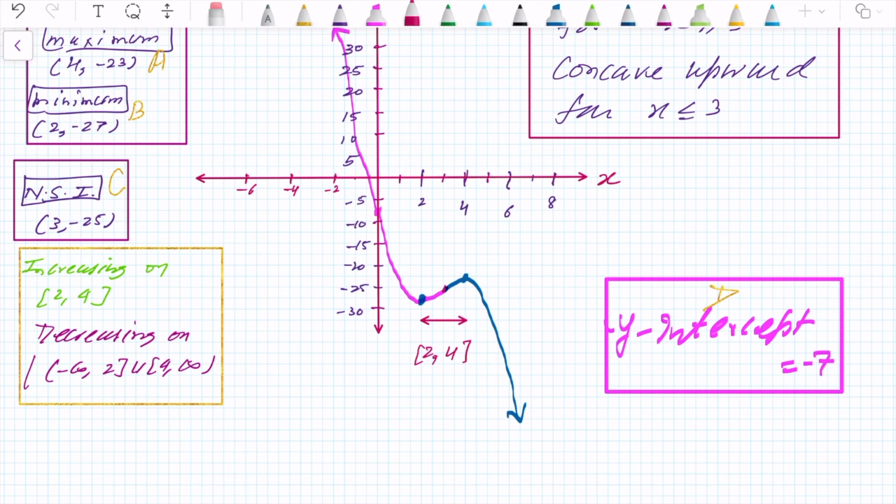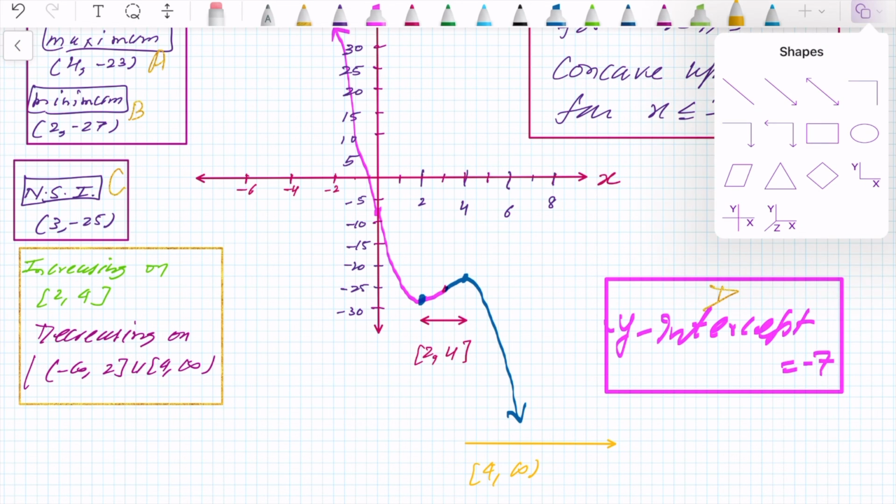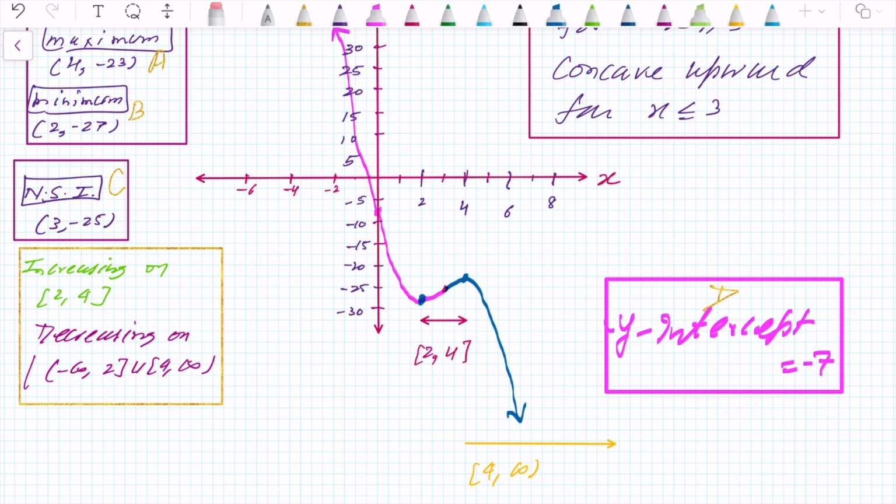And on the right side of 4, from this point onwards, that means 4 to infinity, and on the left side of 2, the curve is decreasing, negative infinity to 2, and their union tells us about the decrease in the curve. Curve is decreasing from negative infinity to 2 and 4 to infinity.